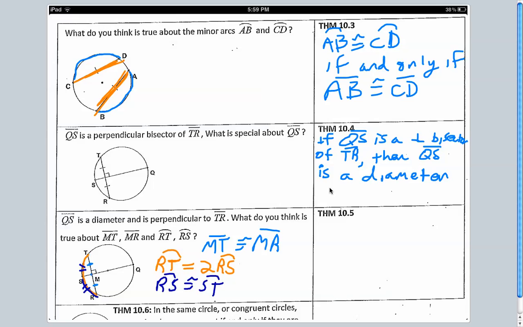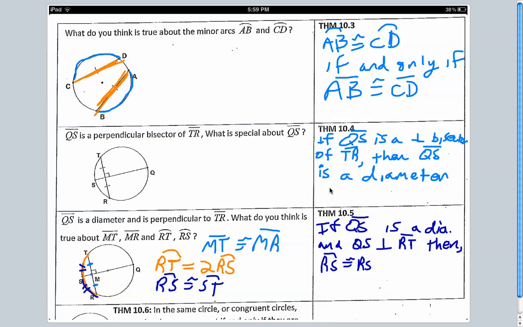Let me give you the theorem real quick in math speak. It says this: if QS is a diameter, and QS is perpendicular to TR, or RT, then arc RS is congruent to arc ST, and RM equals MT. Okay, and that's all it says.